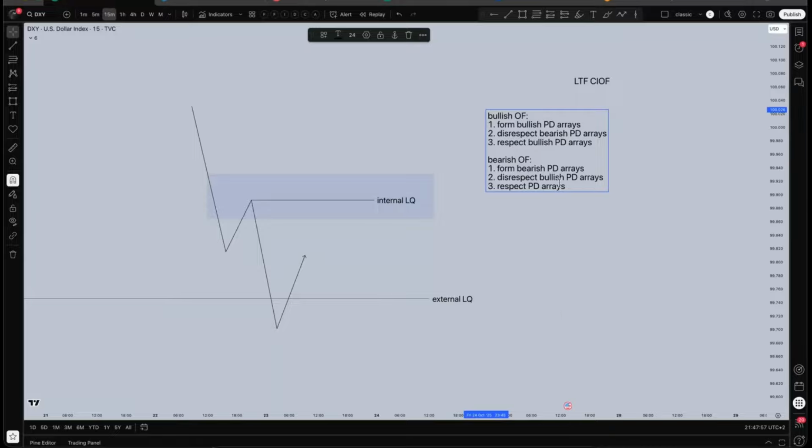And we also have a third one, which is neutral order flow. But since we don't want to trade in neutral order flow, that is less significant. Neutral order flow is pretty much if we are in a ranging profile and price is respecting neither the bullish nor the bearish PD arrays, especially around mid-range, right?